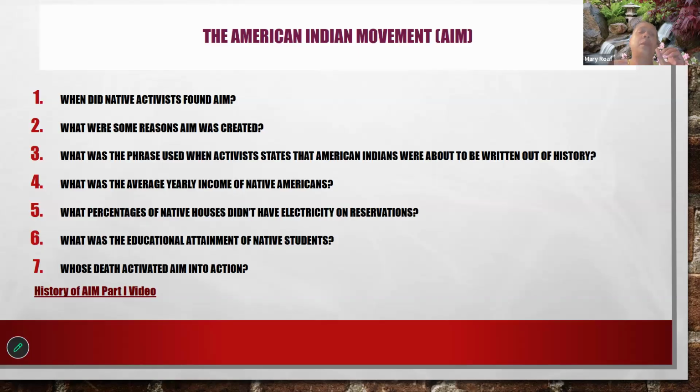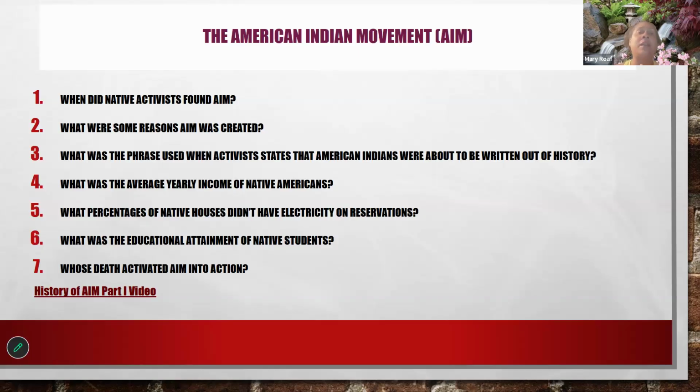So in listening to this video, I want you to be thinking of these 7 questions in order to help guide you through the key information, the key takeaways that are very important. So the when: when did Native activists found the American Indian Movement?